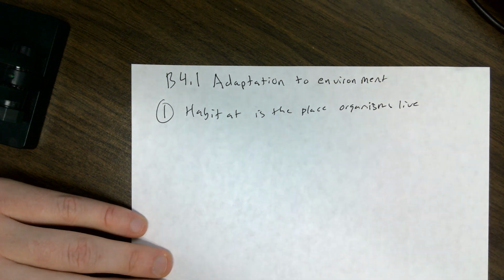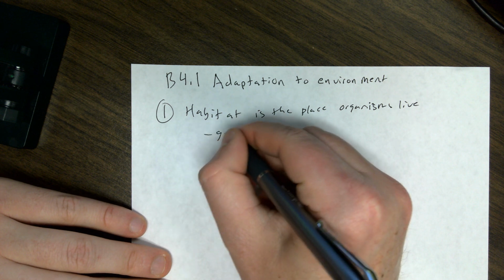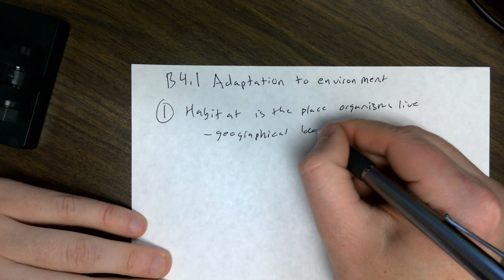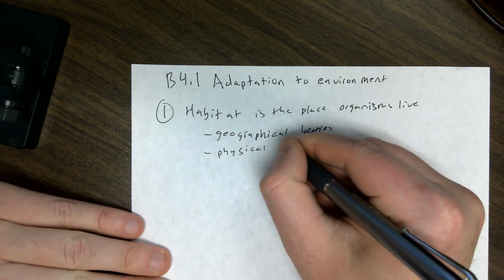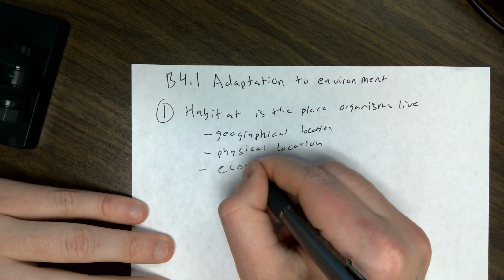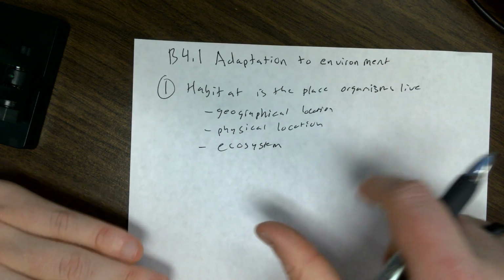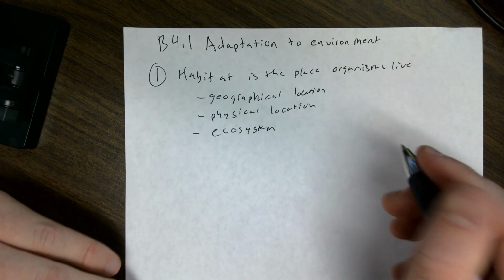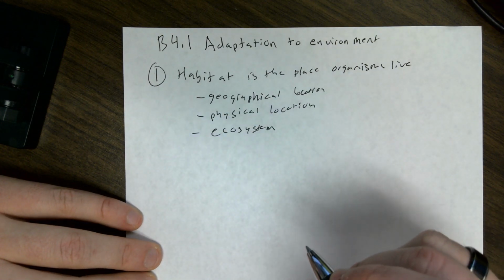It's just where organisms live, and it includes the geographical location, like where are you, the physical location, like what does it look like where you are, and the type of ecosystem that you're in. And so what does the ecosystem look like? So this is the habitat of an organism.